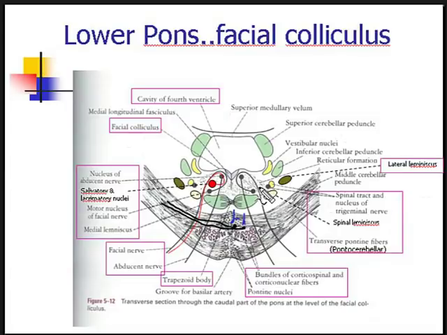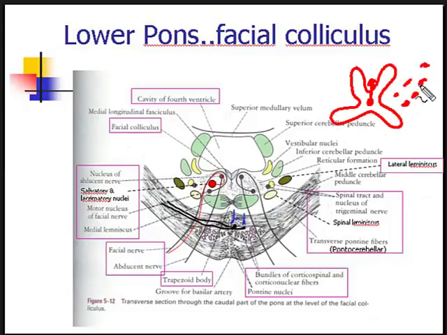If you want to remember the gray matter, the gray matter of the spinal cord was this way, with the central canal. Now the central canal has gone to the back up here, so all this gray matter has just been broken up. So instead of being a continuous thing, you just see little bits of gray matter. Some of them will correspond to the anterior horn cells if they are motor, and some of them will correspond to the posterior horn cells if they are sensory in function.